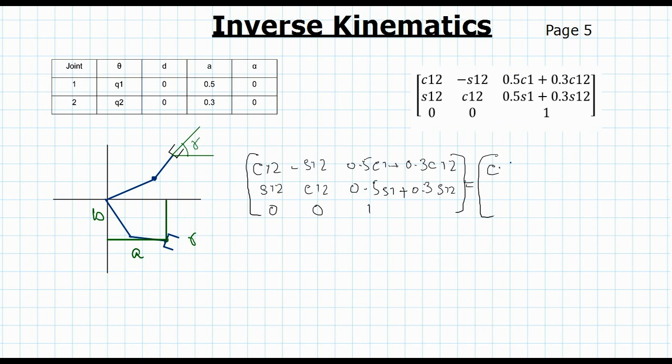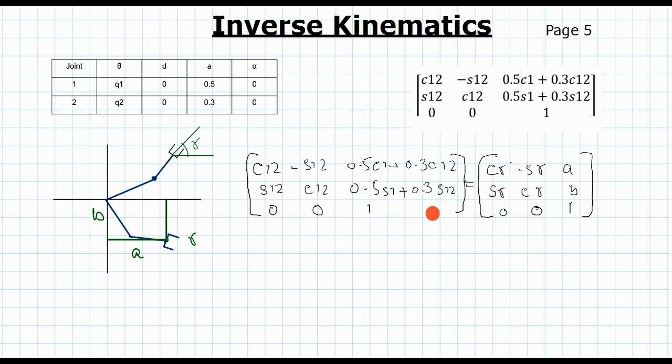That would be C gamma, minus S gamma, S gamma, C gamma, and this would be A, B and 0, 0, 1. Okay, so then what we would like is for these matrices to be equal. The matrix on the left and the matrix on the right, we want these matrices to be equal.